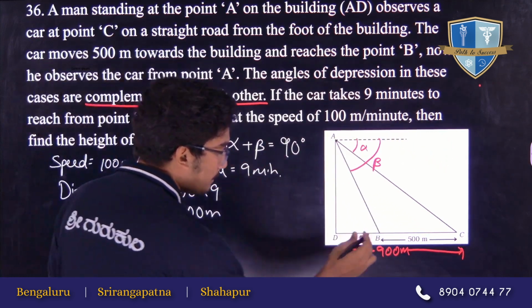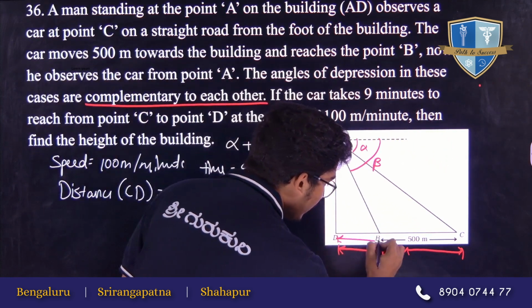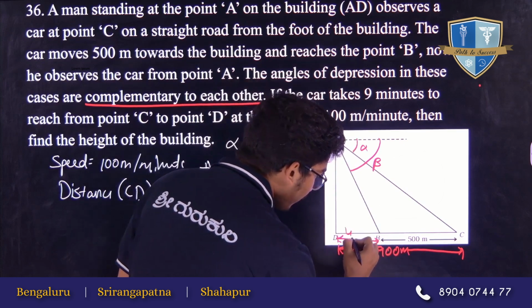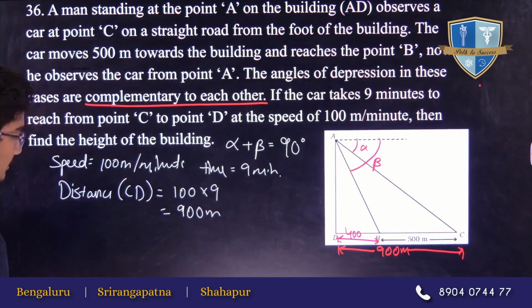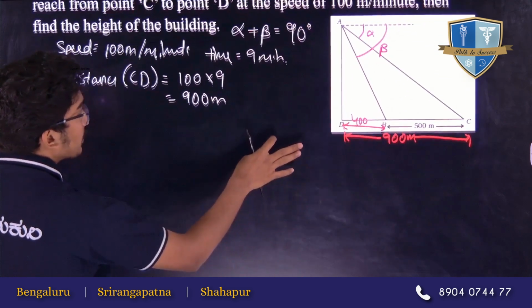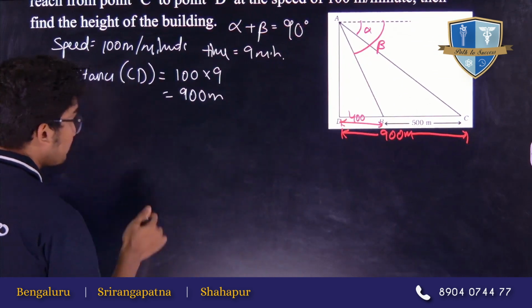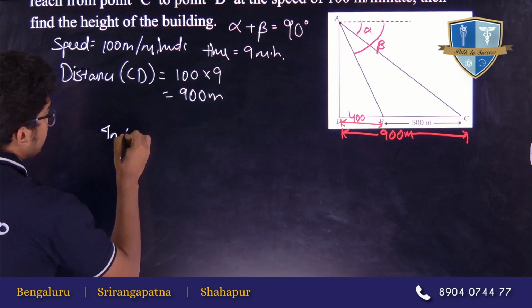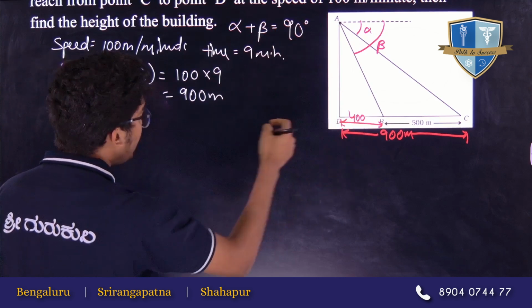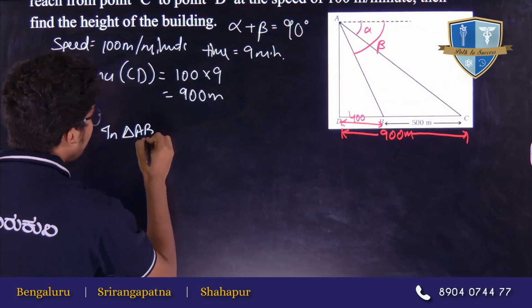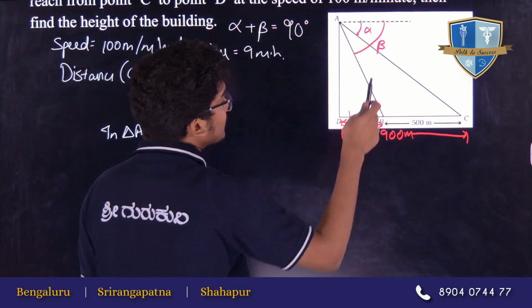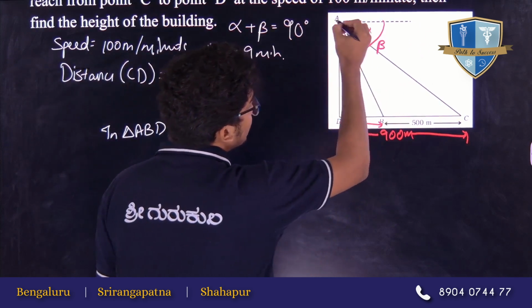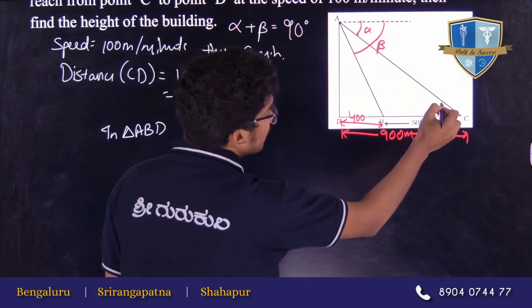So what will be the length BD? It will be 900 minus 500, which is 400 meters. Correct? Now let's see in triangle ABD. If this is alpha, this will also be alpha.